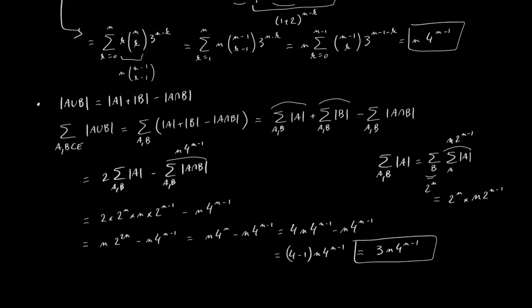And so this is one way to prove this equality using the trick of this fundamental relationship between the union and the intersection. Now we can prove this equality another way.